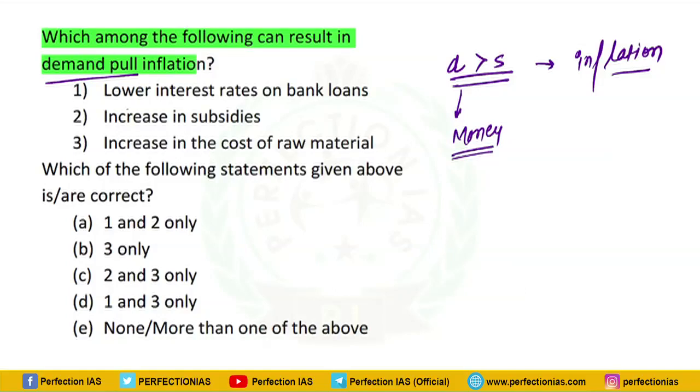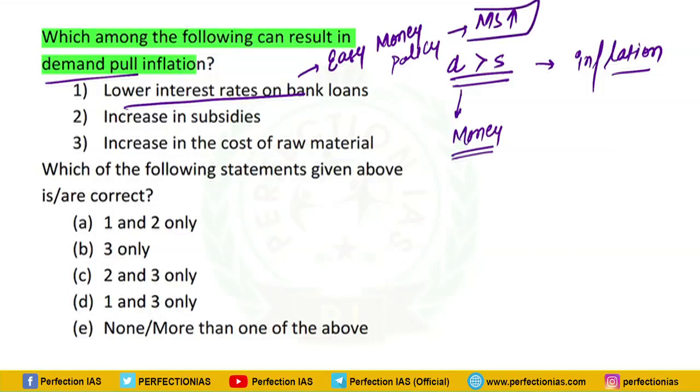First statement says lower interest rate on bank loan. If interest rate is going to be lower, then it is known as easy money policy, and this will increase the money supply in economy and subsequently it will lead to higher demand.